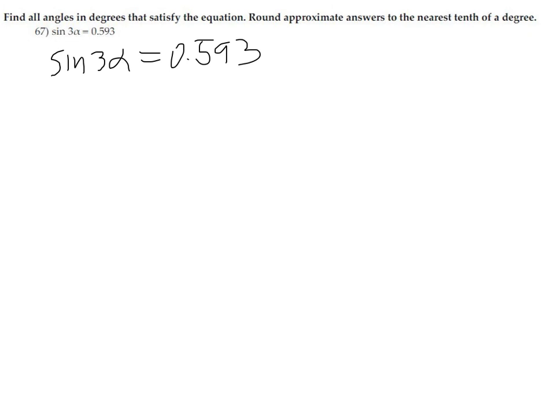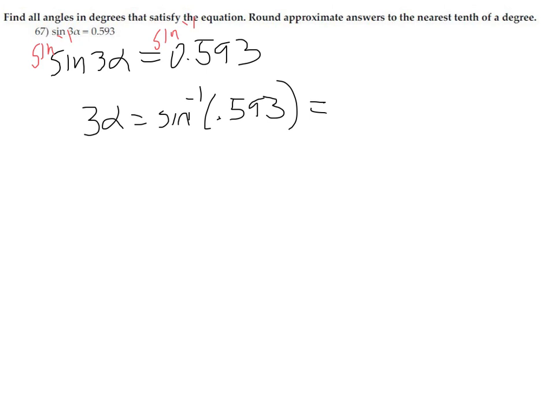So if we do arc sine, we get the angle, I'll call this alpha right now, is arcsine of 0.593. We go to our calculator for that part. And we get arcsine. Make sure you're in degree mode. 0.593. 36.37 degrees.